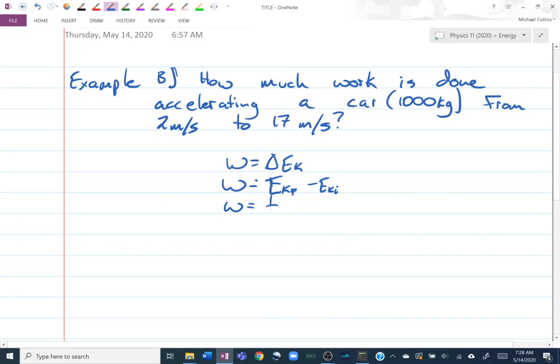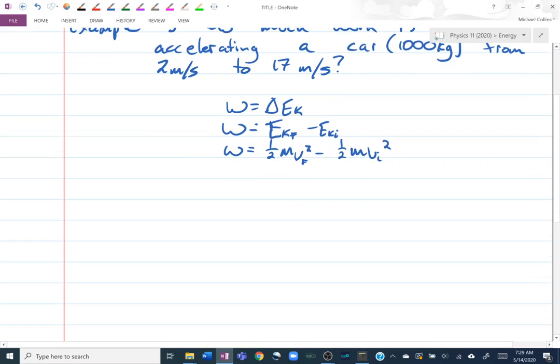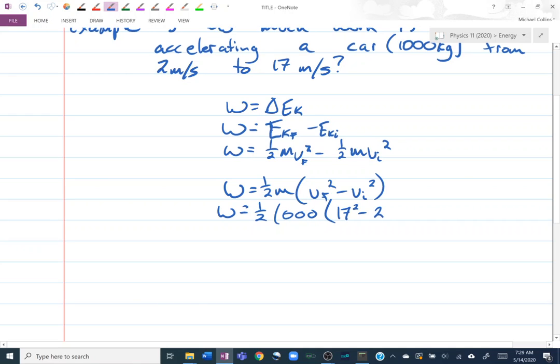My work is equal to a half m v final squared minus a half m v initial squared. Notice how a half m is in both terms. Makes it a little bit easier to plug it into my calculator, but you could have done it in the line above if you want. My work is equal to a half times 1,000 times 17 squared minus 2 squared.